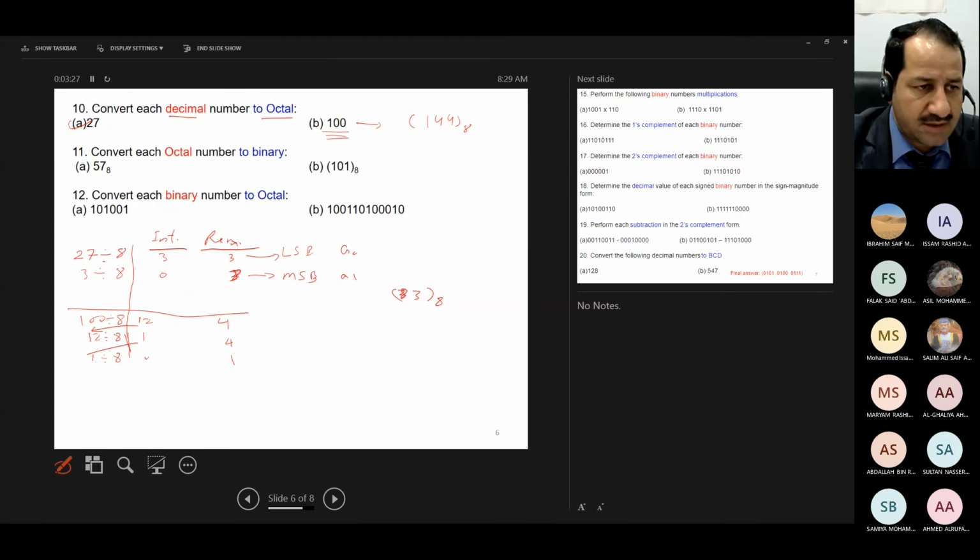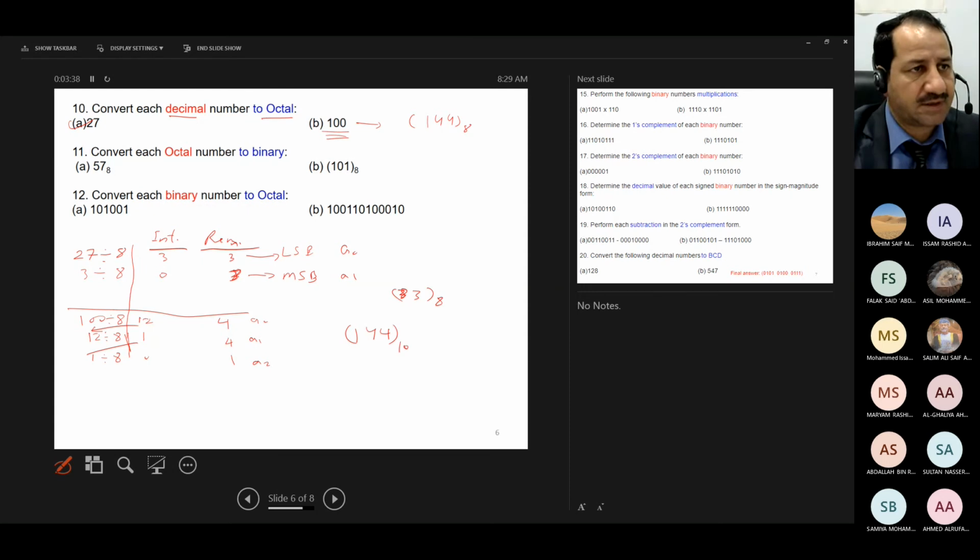So now this is A0, this is A1, this is A2. I write them in this way: 1, 4, 4, and the base is 8, because we are converting to octal.